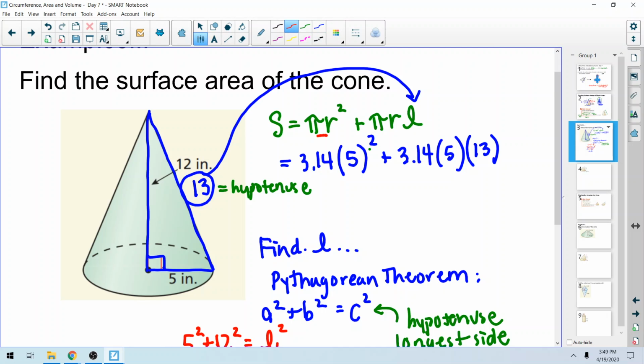Now you're looking at this formula right there. If you have a nice calculator or you have your phone, you can just substitute that all in at once.